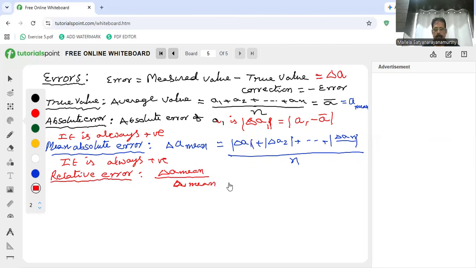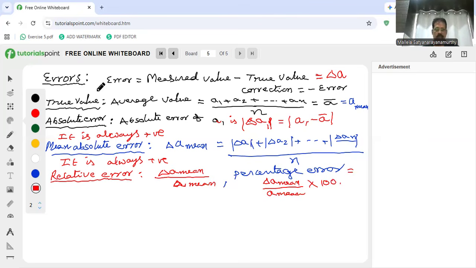Next is percentage error. This is also another important concept. Relative error into 100 is percentage error. So delta A mean by A mean into 100 is called percentage error. So these are the errors.